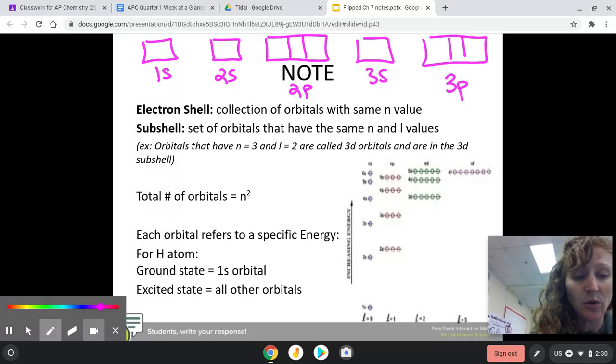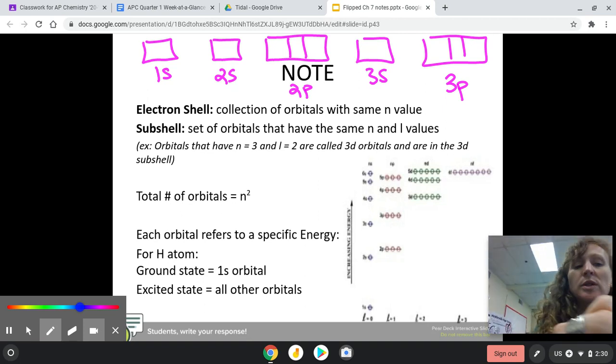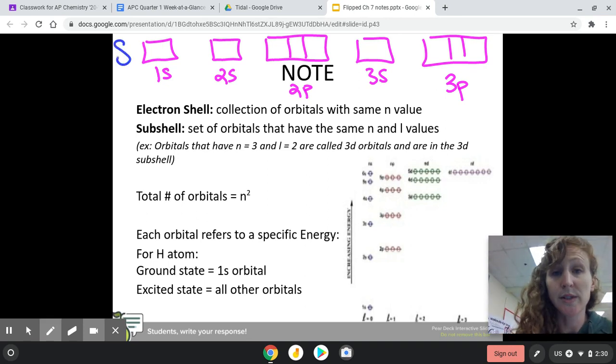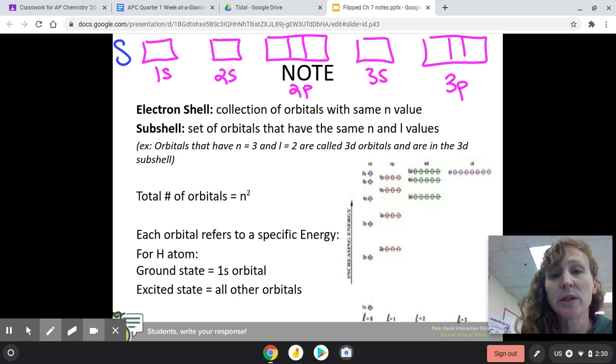And when we fill in the orbital diagram for a specific element, let's say we do this for sulfur, for example, you're going to see a couple rules that are followed. One of the rules is that each of the orbitals can contain up to 2 electrons.